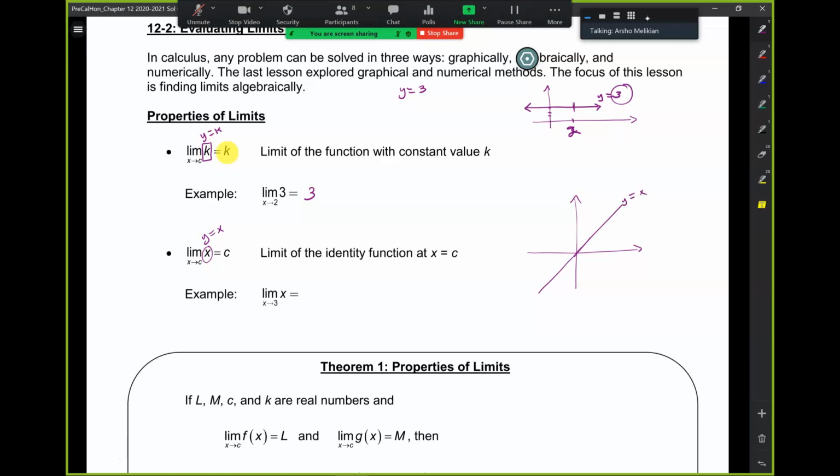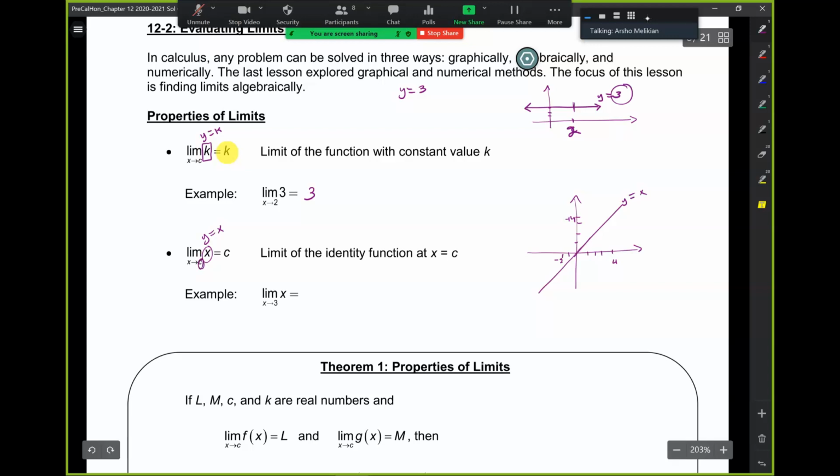As I approach 4, what does the y value approach? 4. As I approach -2, what does the y value approach? -2.